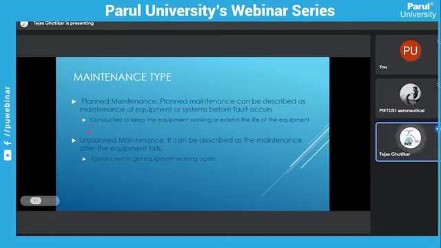The other type is unplanned maintenance. It can be described as the maintenance that we carry out after the equipment fails. If we take an example in plant maintenance, whenever you purchase a new vehicle, every 2 or 3 months we get our vehicle serviced.